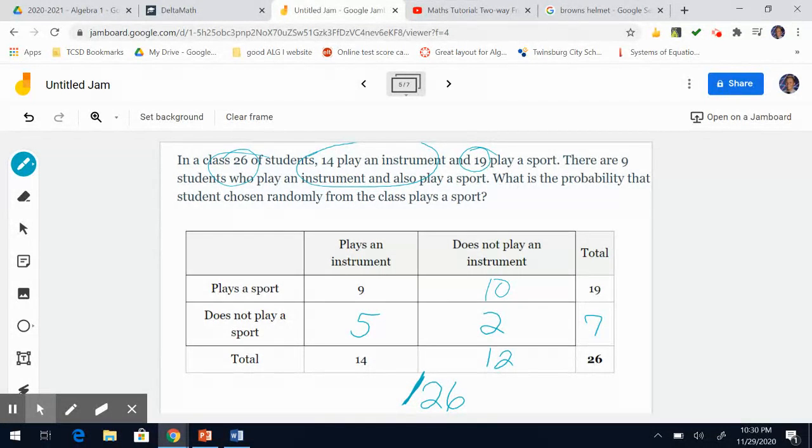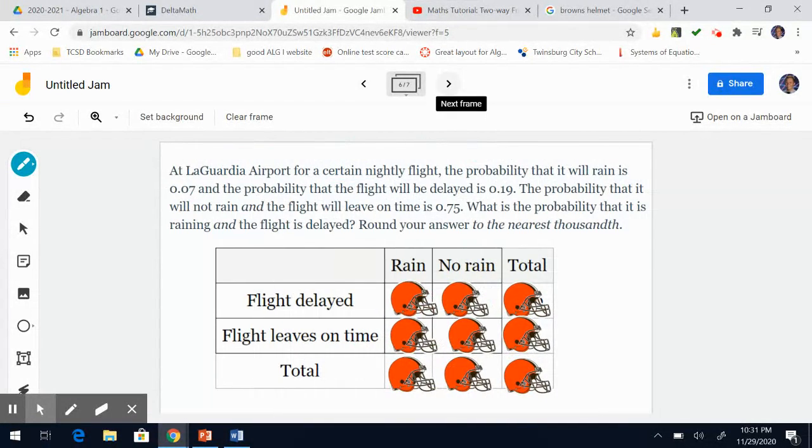What's the randomness that we choose? So we have a total of 19 here out of 26 students. All right. Any questions? Again, we're just rearranging data and trying to figure out what question they're asking us.